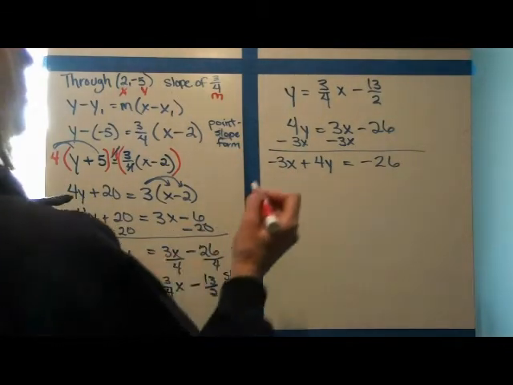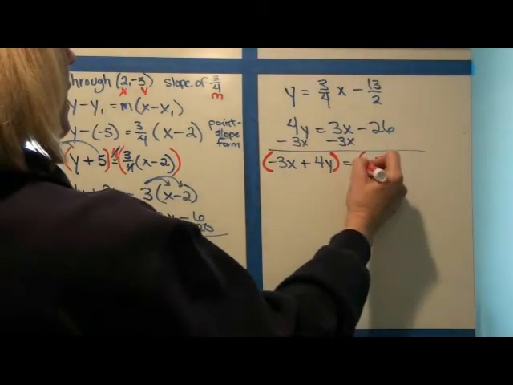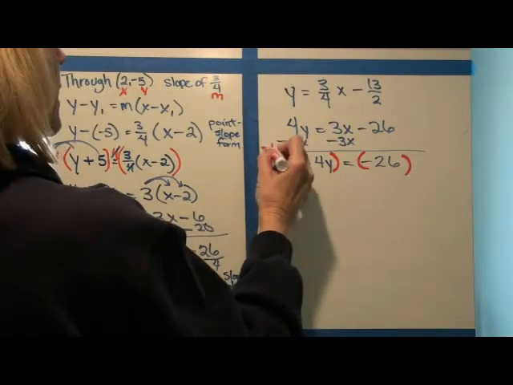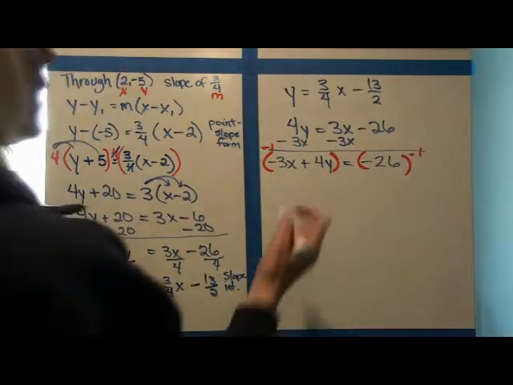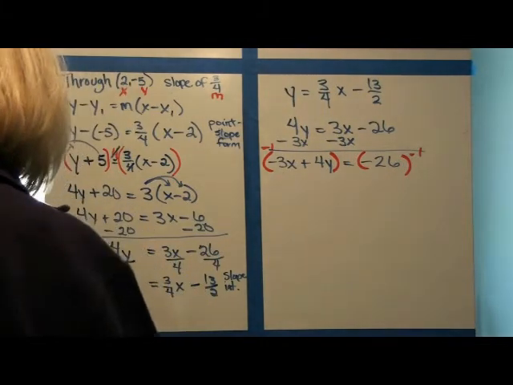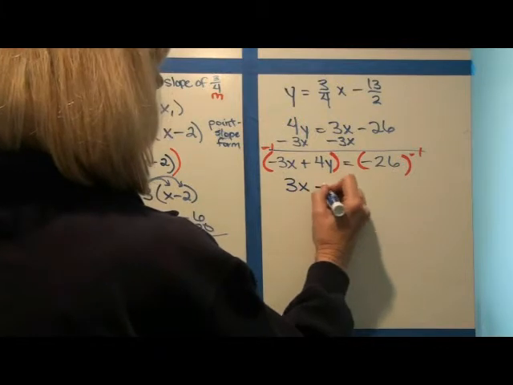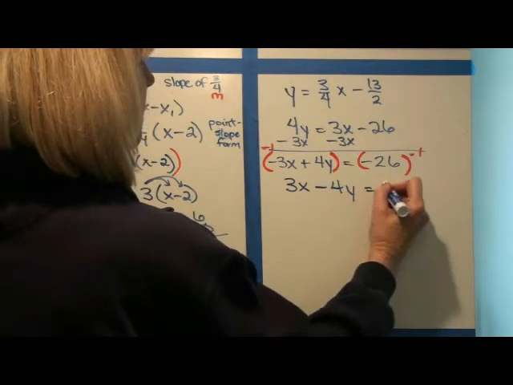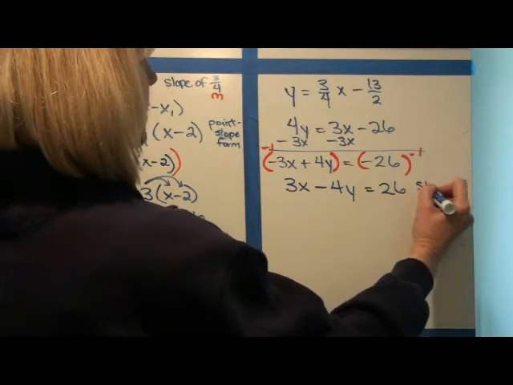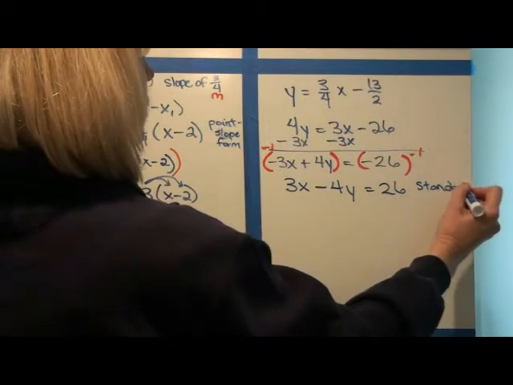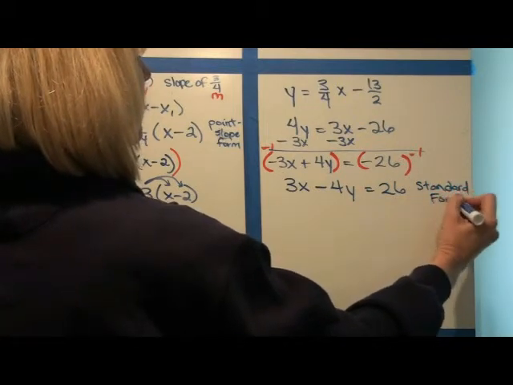So what we can do is just multiply both sides of the equation by negative 1. When we do that, it'll change your equation to being in perfect standard form with all of the signs changed. That is called standard form.